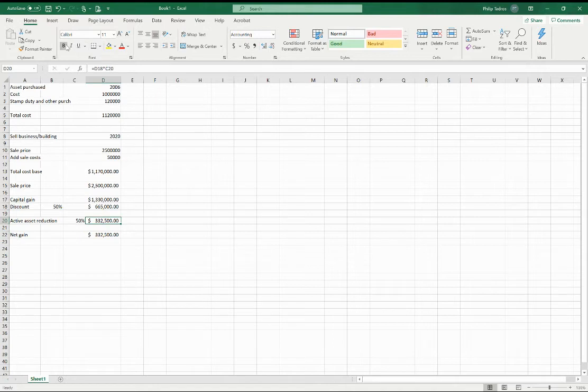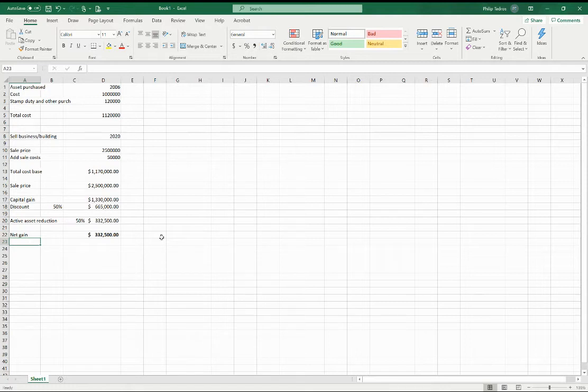So you've been able to use the 50% discount on the 1.3 million, and you've also been able to use another 50% as an active asset reduction. So your business will now be assessed on a capital gain amount of $332,500.